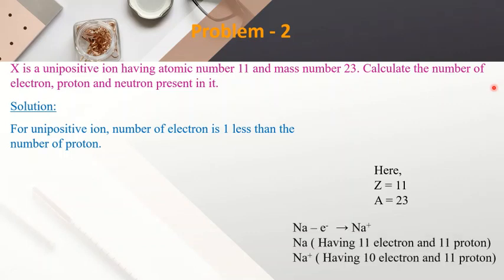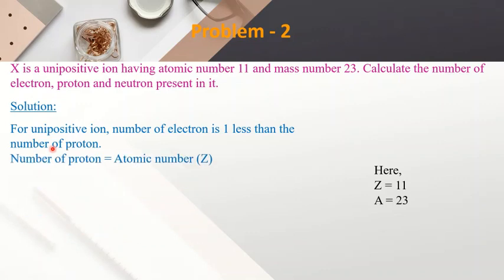So when sodium atom releases one electron, it becomes positively charged sodium ion. That means sodium atom has 11 electron and 11 proton, but sodium ion has 10 electron and 11 proton because it releases its one electron. So after releasing one electron, it becomes positively charged, and so it has one electron less than the number of proton.